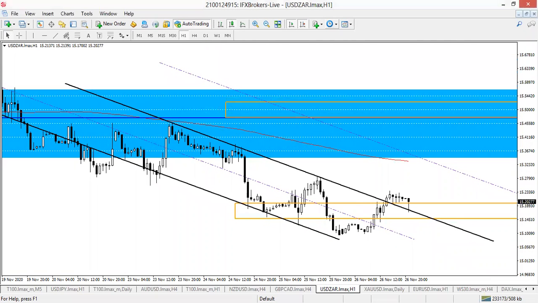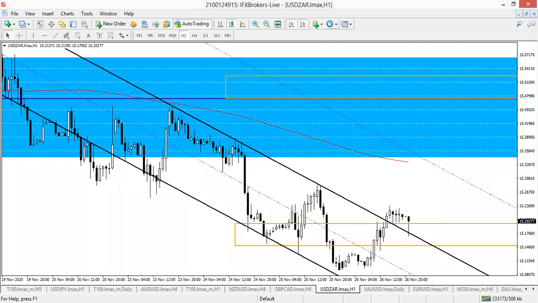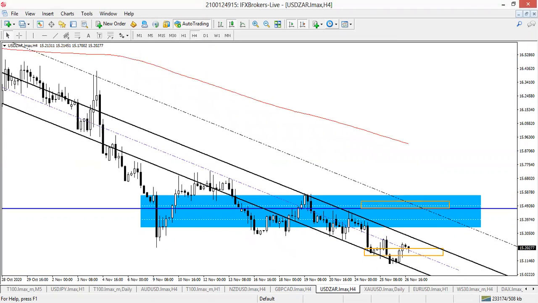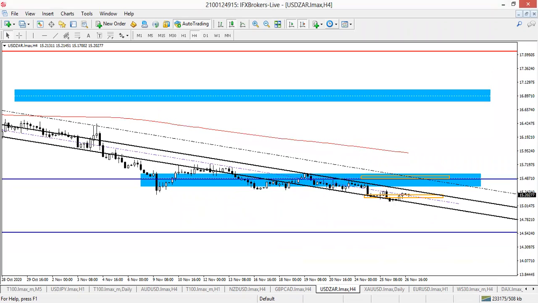So if that happens, I always say we move to what? To bigger time frames, and bigger time frames will have more info for us.